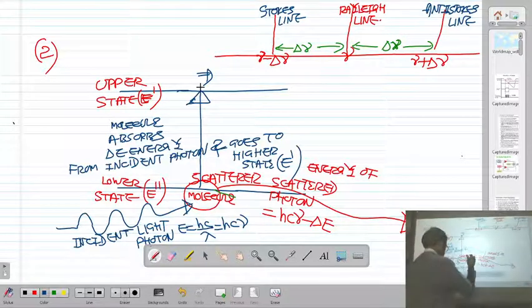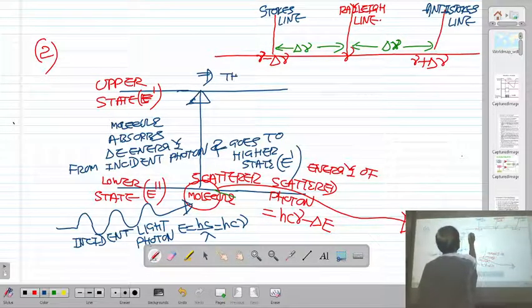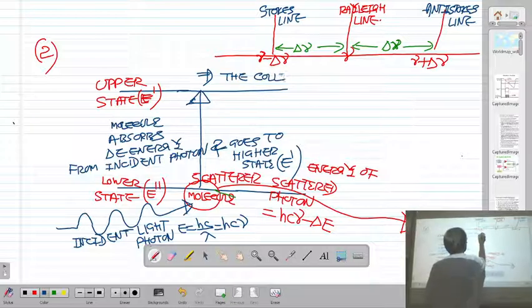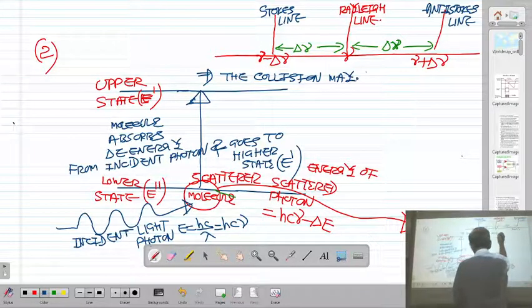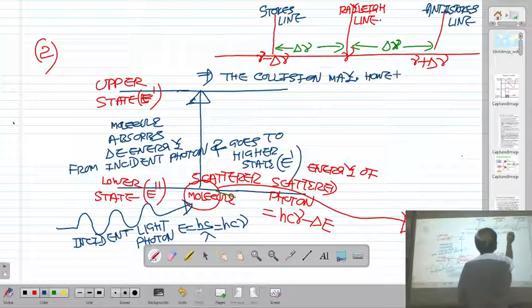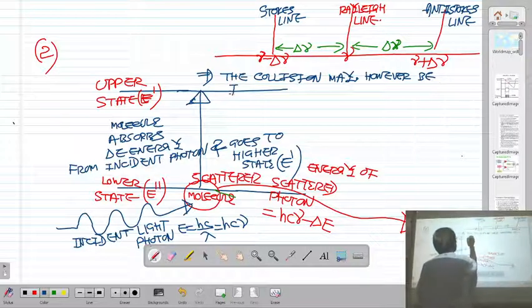The collision may however be inelastic. So now we are talking about inelastic collision.